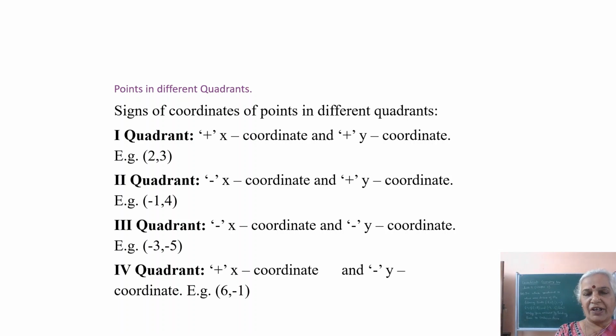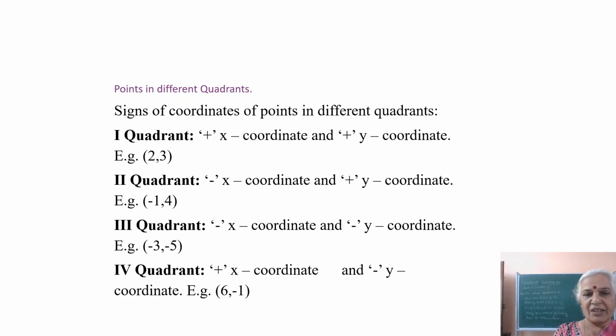In the first quadrant, x is with positive sign and y is with positive sign. That is 2, 3 will come in the first quadrant, and in the second quadrant, x is minus and y is plus. Therefore, -1 and 4 we have to mark in the second quadrant, and in the third quadrant, x is also minus and y is also minus.